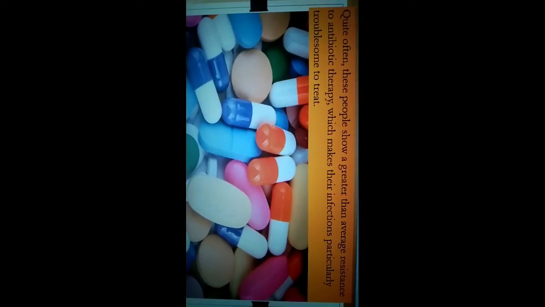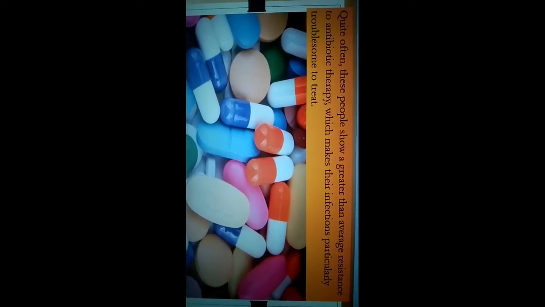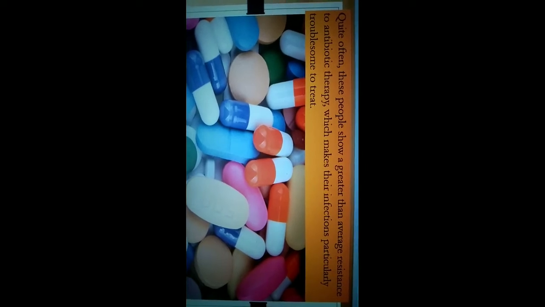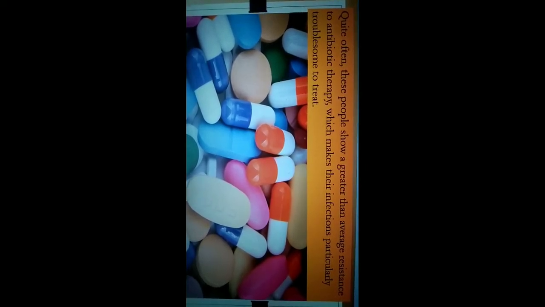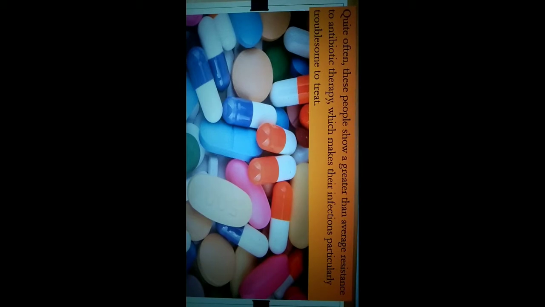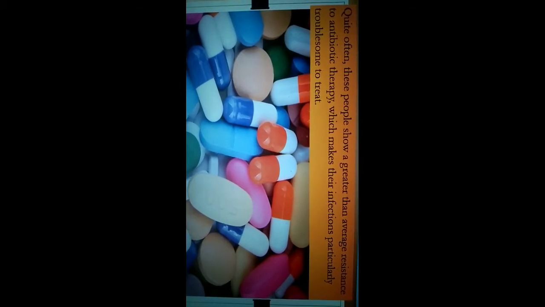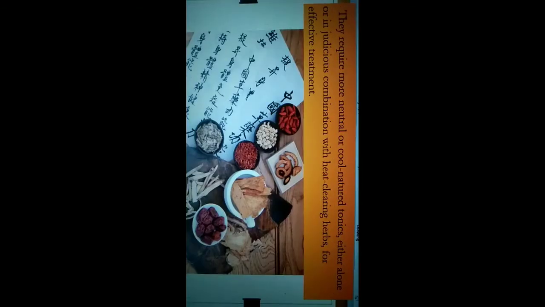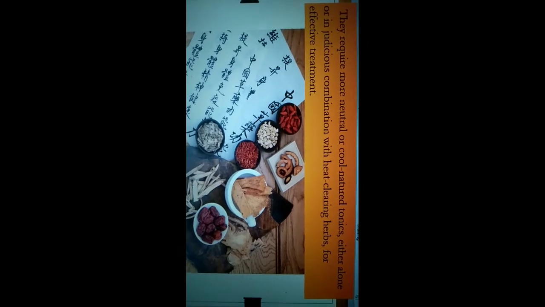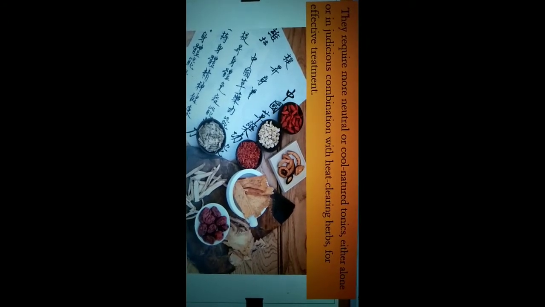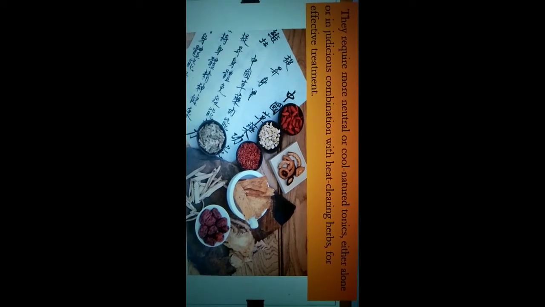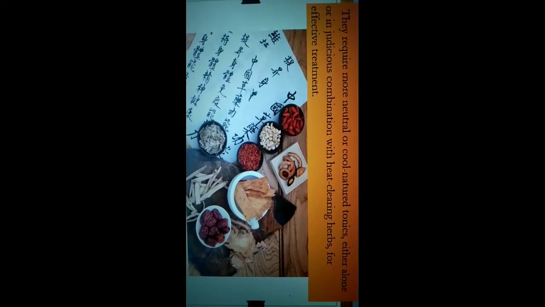Quite often, these people show a greater than average resistance to antibiotic therapy, which makes their infections particularly troublesome to treat. They require more neutral or cool natured tonics, either alone or in judicious combination with heat clearing herbs for effective treatment.